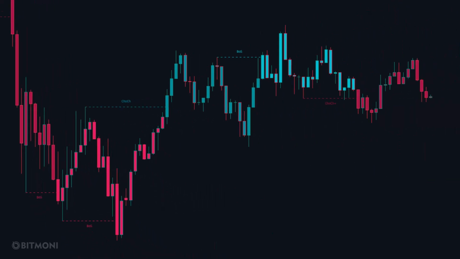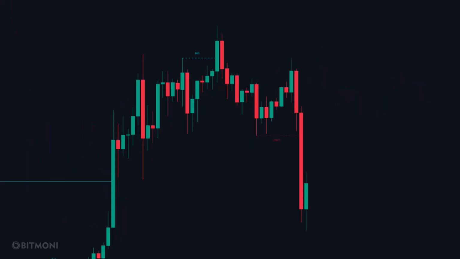The indicator clearly marks both bullish and bearish break of structures, helping you identify the prevailing trend and anticipate possible continuation moves. On the other hand, a change of character is formed when a recent high or low is broken in a manner that suggests a shift in momentum. This typically signals a potential trend reversal or a change in market direction.